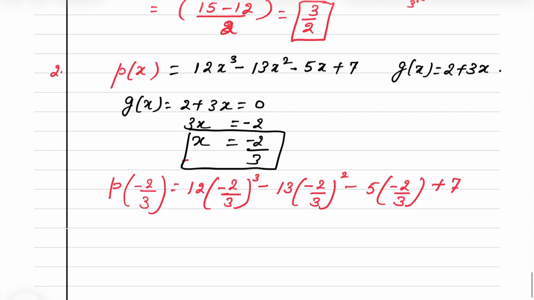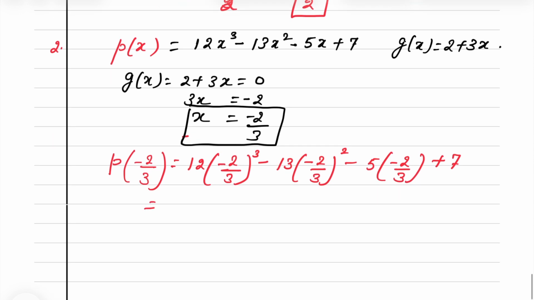Now we will solve this one. 12 times minus 2 cube and 3 cube. Minus 2 minus 2 minus 2, negative in odd powers, odd times, will be negative. And 2 cube is 8 and 3 cube is 3 into 3 into 3, you learn, that is 27.